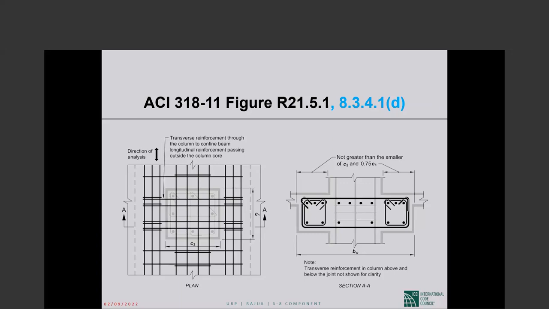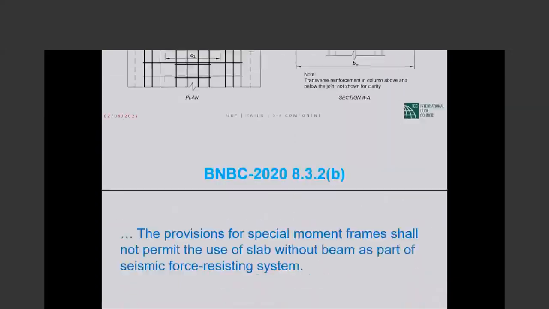It never says in black and white, flat plate column frames cannot be part of the resisting system of a structure assigned to design category D, E, or F. BNBC has added that kind of a statement, which I like very much. But ACI 318 does not allow flat plate column frames as part of the resisting system because of this dimensional limitation. I want to point that out to you. This is very important.